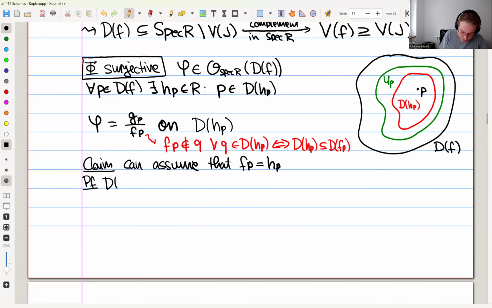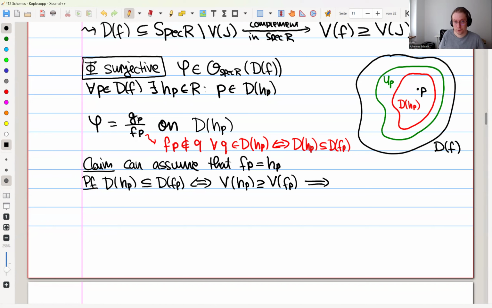And so this observation that we have made here is that D of HP is contained in D of FP. Now it's always the same spiel. So we take the complement and we have V of HP contains V of FP. And then what do we do next? Think about it for a second. Well, we apply the ideal on both sides.